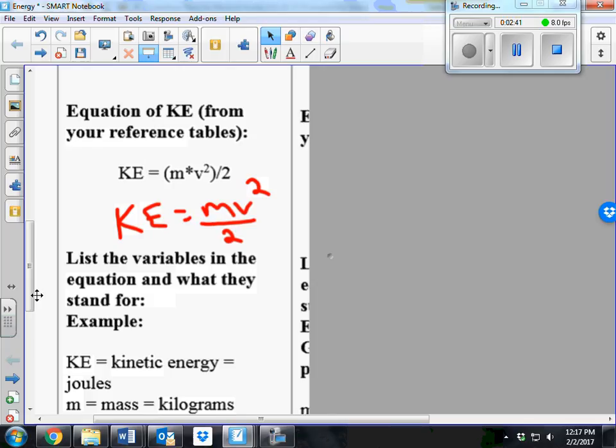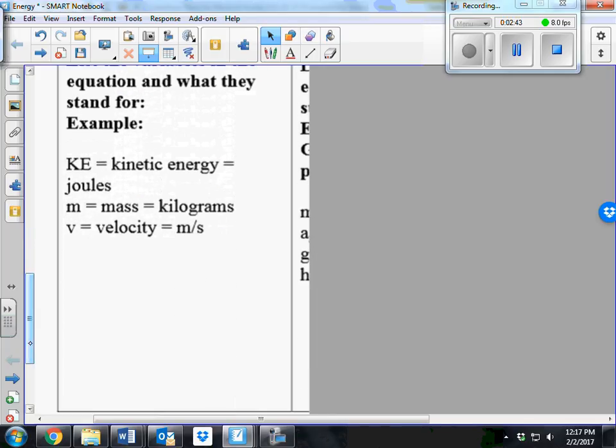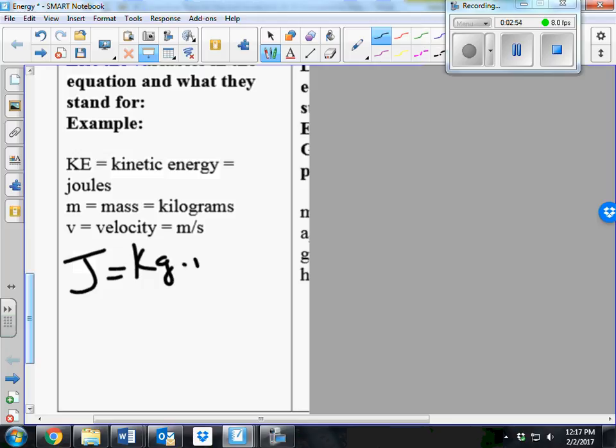Once again, it's energy, so the unit for energy is joules, mass is measured in kilograms, and velocity is meters per second. And check this out, just like in the beginning where I showed you that a joule equals a kilogram times meters squared over second squared, let's plug that all into the KE equation.